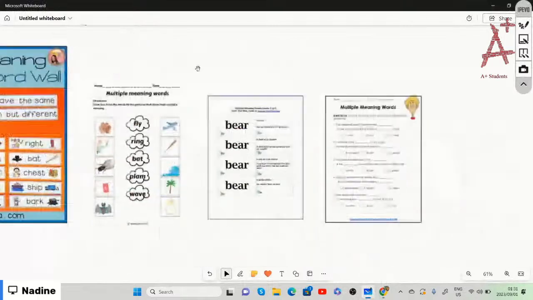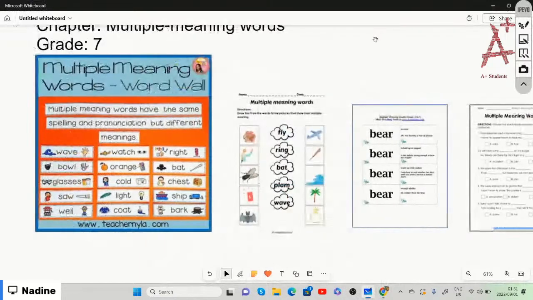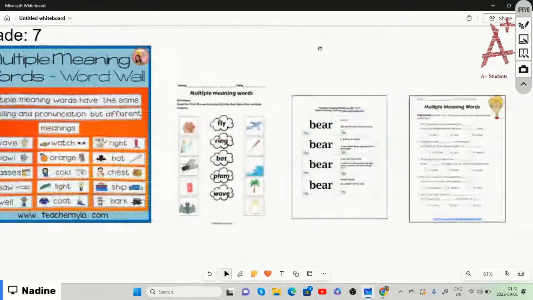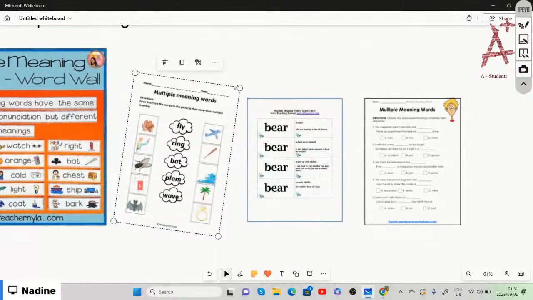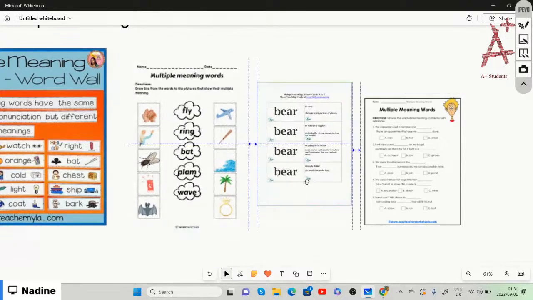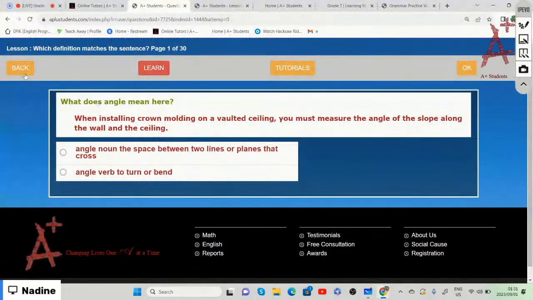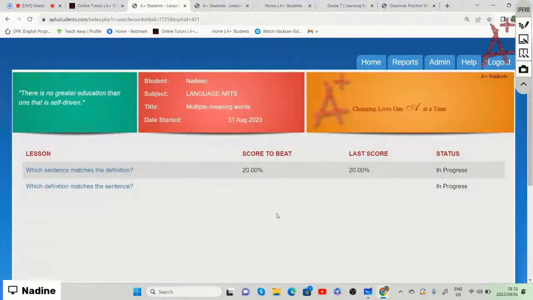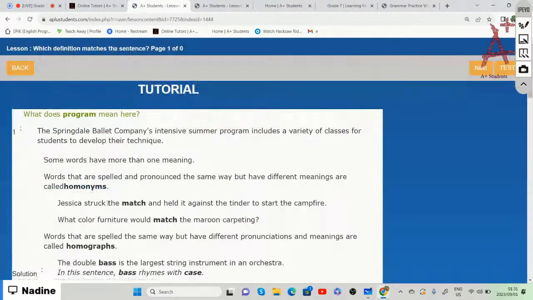We said with multiple meaning words, right, they are words that have the same spelling, and the pronunciations may be different.